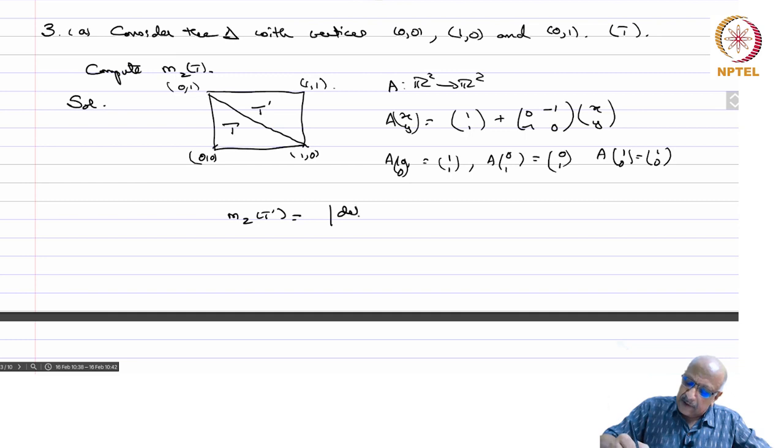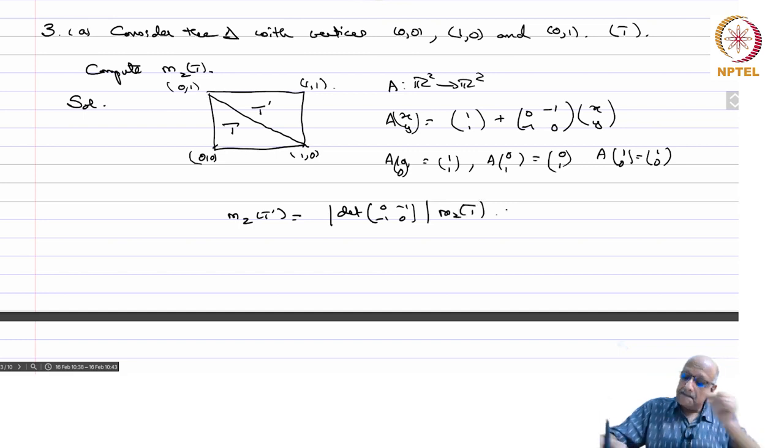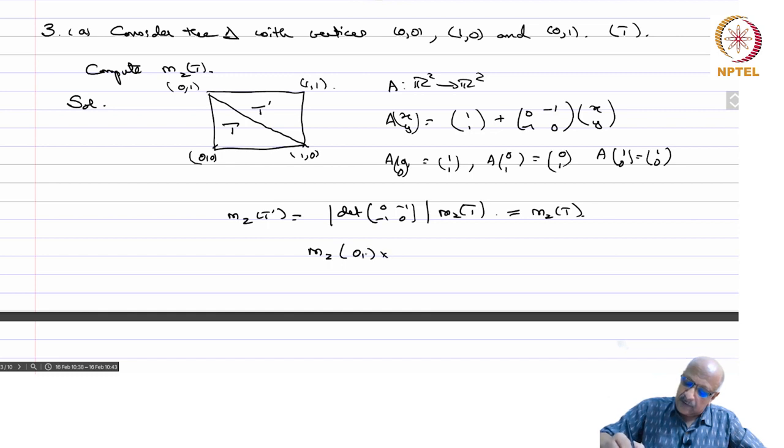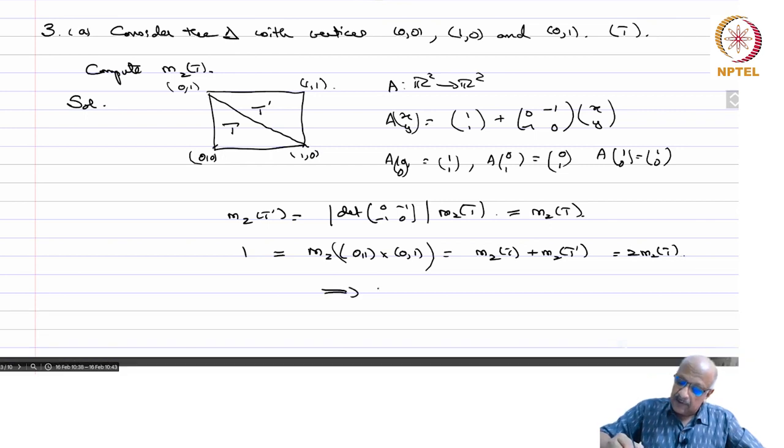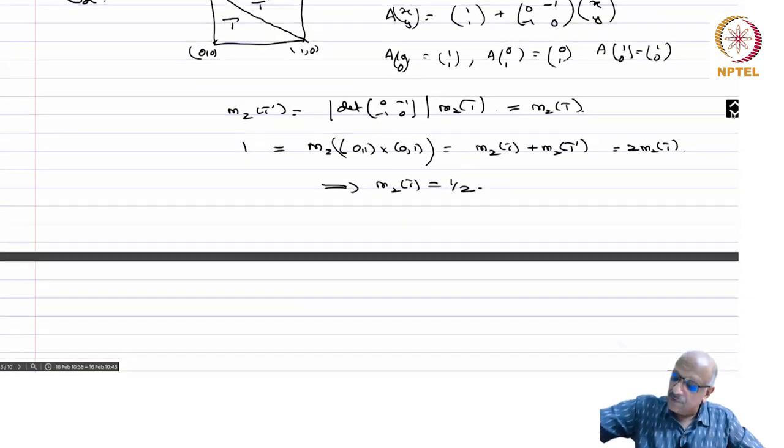So modulus of determinant of [0 -1; -1 0] times M2 of T is equal to M2 of T. And then this single line is a one-dimensional thing, so you know its measure is 0, and therefore we have M2 of the square [0,1] cross [0,1], which is 1, is equal to M2 of T plus M2 of T dash equals 2 times M2 of T. So this implies that M2 of T equals 1/2. So this is a formal proof of this.